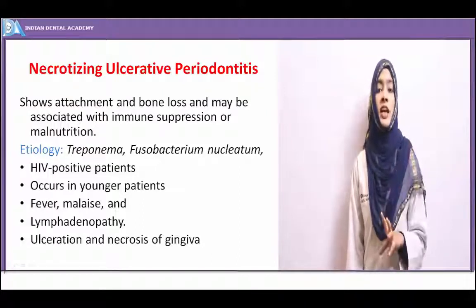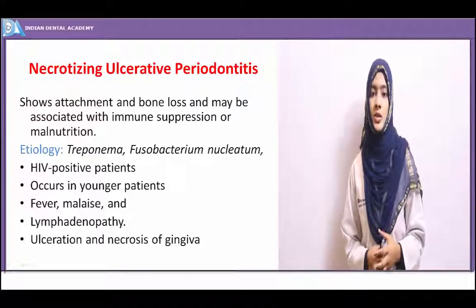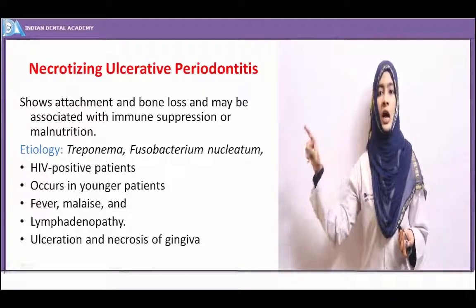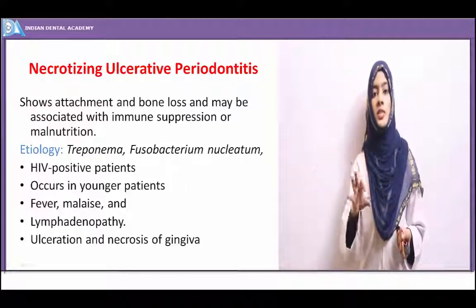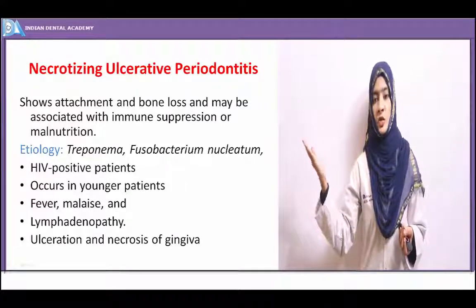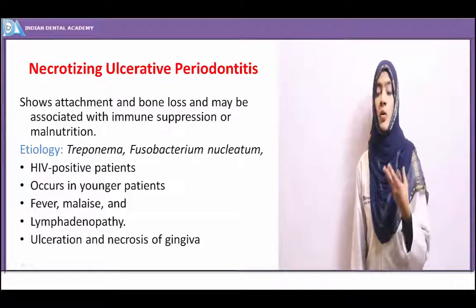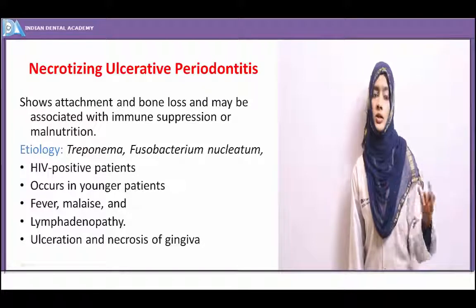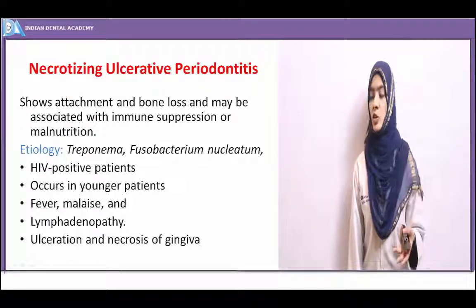And the periodontitis is more commonly seen in HIV infected individuals. Whenever the CD4 plus count in HIV affected individuals is below 200 cells per mm3, necrotizing ulcerative periodontitis will be a clinical manifestation. This affects very young individuals, about 20 years of age, and general systemic manifestations of fever, malaise, and lymphadenopathy are seen.